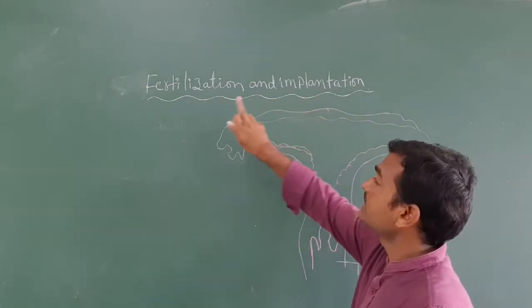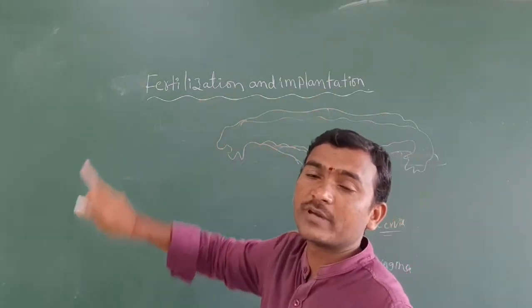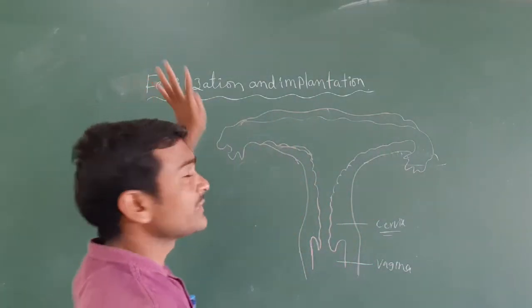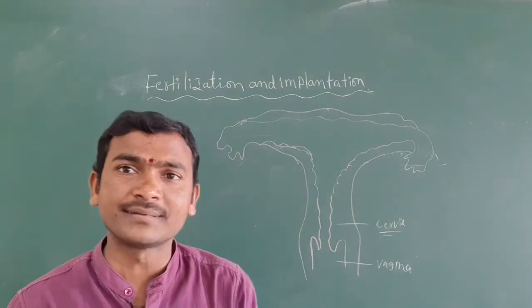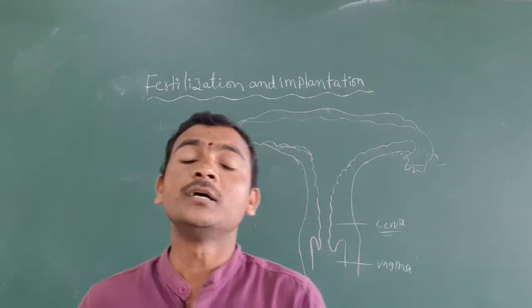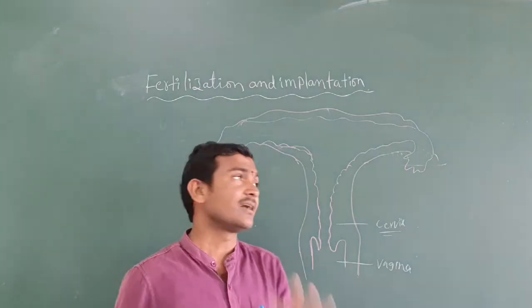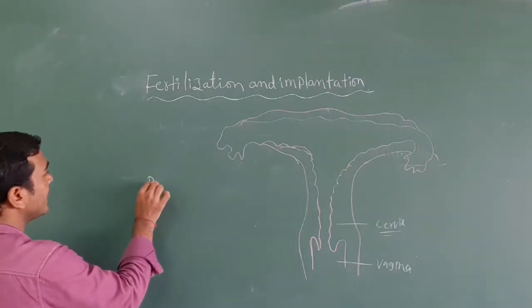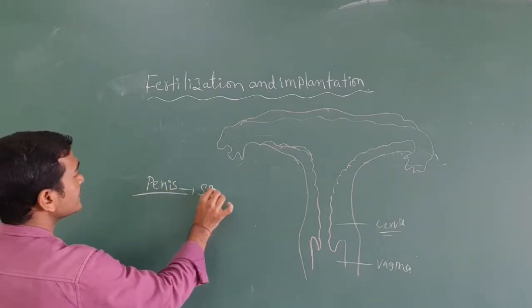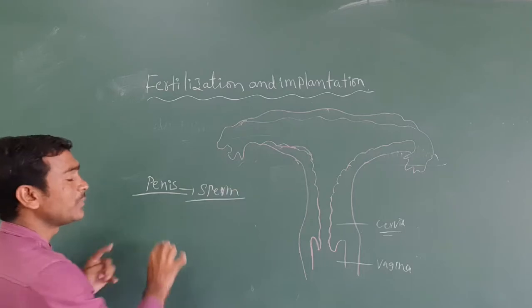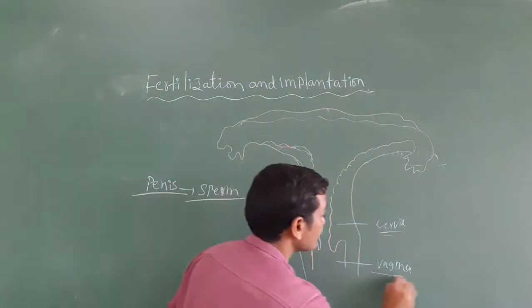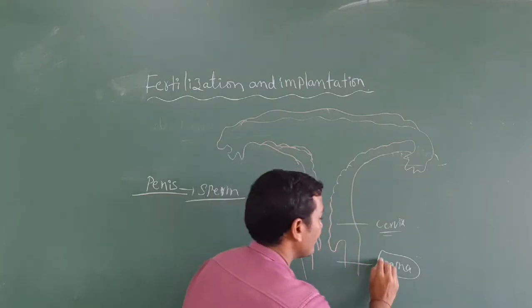What is fertilization about? We are going to discuss fertilization clearly. Fertilization means, during coitus or sexual intercourse, what happens? The male genital organ, the penis, releases the sperm into the female genital organ, the vagina.